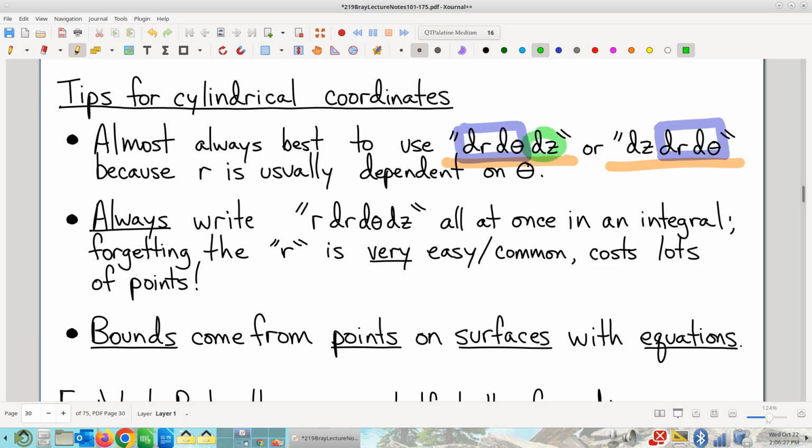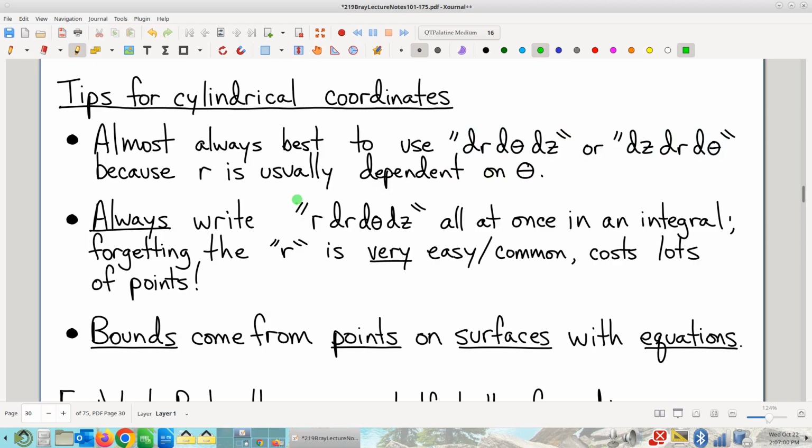And then the question is, do you put dz on the outside or do you put dz on the inside? Right, so these two of our otherwise 6 different options. If you confine yourself to only using these two, again, it's hard to come up with a circumstance where this will not be just as good as any other option. And many situations where these are dramatically better than other options.